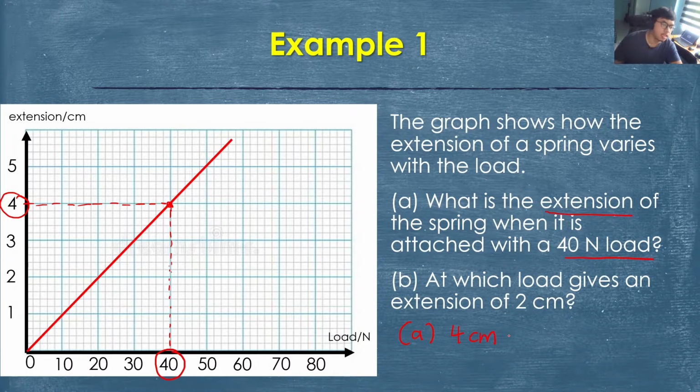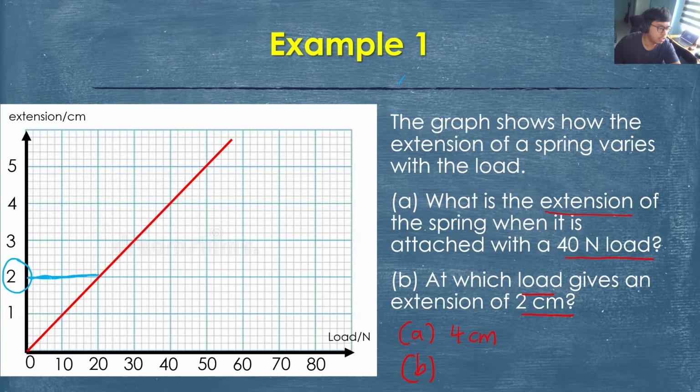In other words, if you pull the spring with a force of 40 Newton, the spring will extend by 4 cm. Let's do B. At which load is the extension 2 cm? This is the opposite now. If we have an extension of 2 cm, how much force is needed to make that extension?